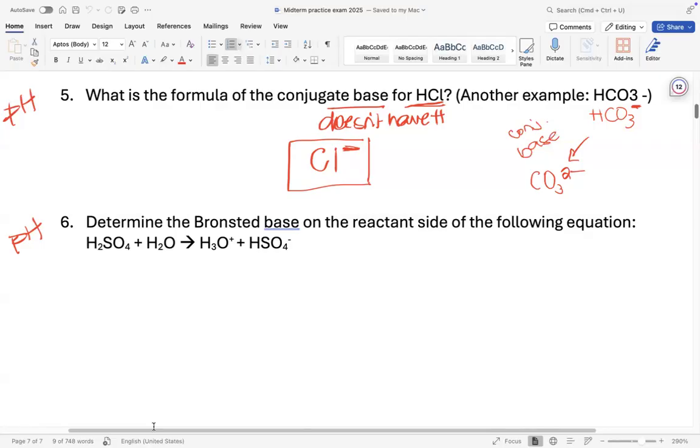I purposely chose it as an example because it has 3 different forms, basically. It can also have a conjugate acid where it takes on another hydrogen, so it becomes H2CO3, neutral because we'd be adding a positive to this negative. You only need to know how to do conjugate bases for the exam. So drop a hydrogen, basically.